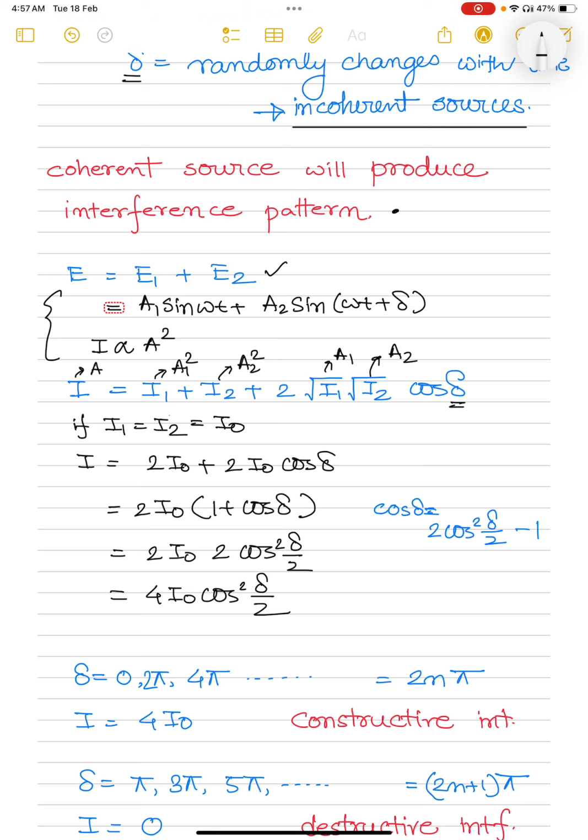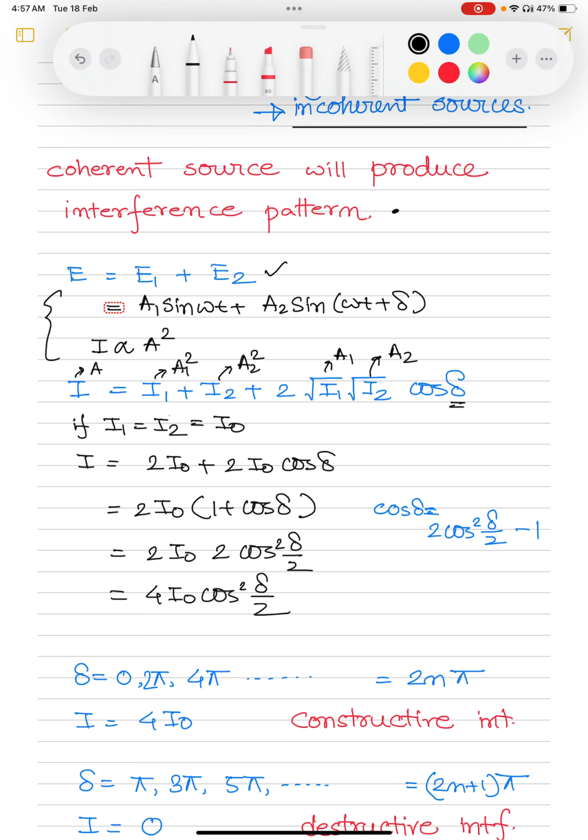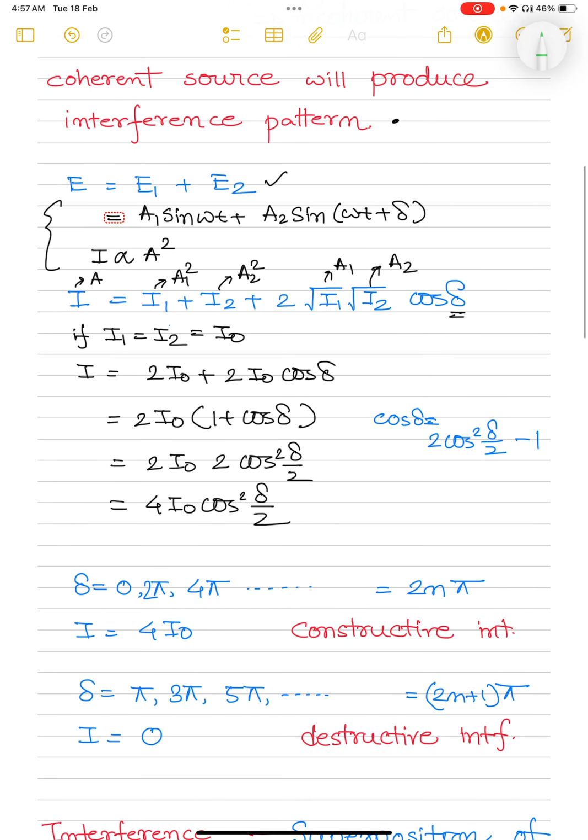Now if I1 equals I2, which is suppose equal to some I naught, then I can just put I naught everywhere, and the formula that I am going to get for the resultant intensity is I equals 4 I naught cos square delta by 2.